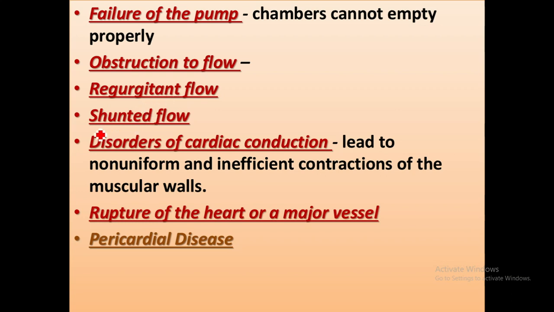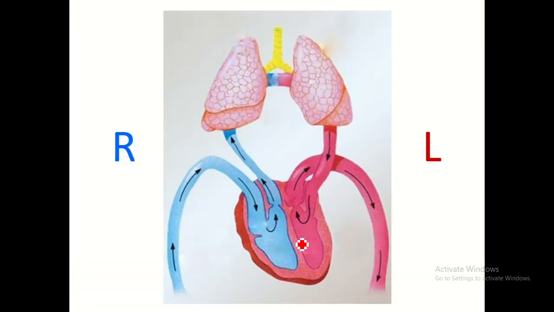Then shunted flow. A shunt is an abnormal communication either between the chambers of the heart or between the blood vessels. For example, abnormal communication between the left ventricle and right ventricle following myocardial infarction, or between blood vessels, as in the case of patent ductus arteriosus.